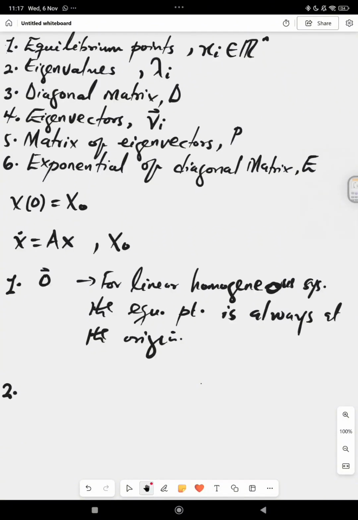The second step is to find our eigenvalues. Our eigenvalues can be gotten by diagonalizing the matrix, and there is a theorem that supports that.